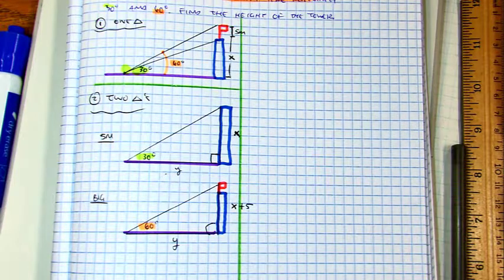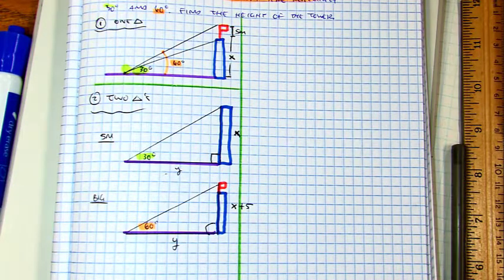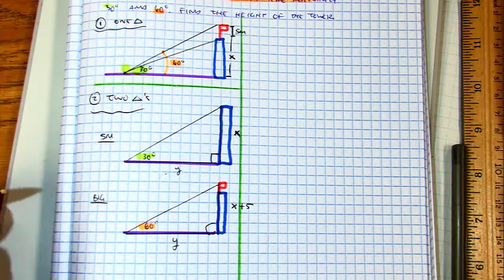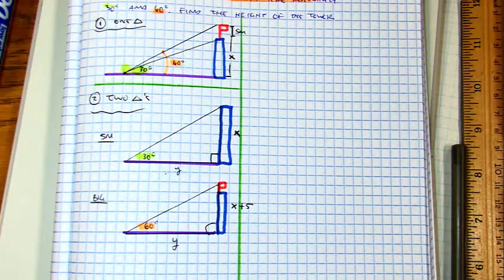Talk to your partner. What happens in algebra when you're trying to solve for two variables? Ready, set, go. You guys know what that's called? A system.